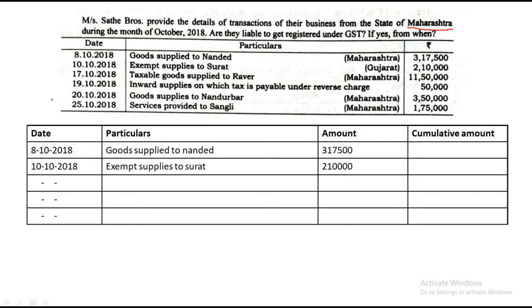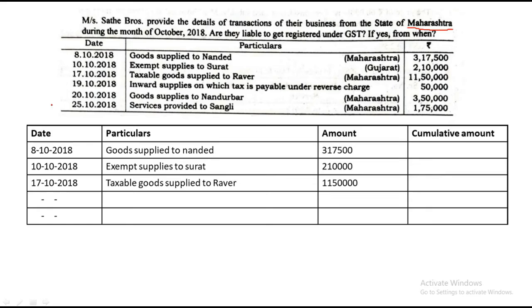Third, on 17th October, taxable goods supplied to Ravi. Again, you are supplying goods, so it will be considered. Amount is 11,50,000. Next, on 19th October, inward supply. Inward supply means purchases. Purchases cannot be taken into consideration to find the total aggregate turnover, so we ignore it.